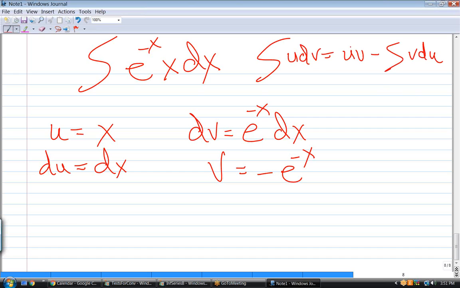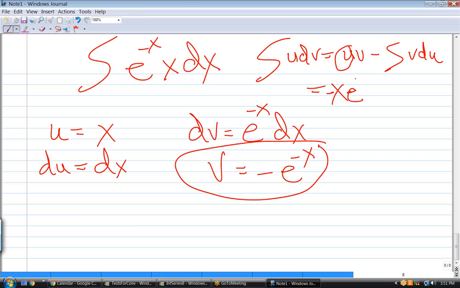So I need to come up with, there's my u, which is now x. So uv would be x times v. In other words, you have to solve for all of these in order to answer this. And finally, the integral of v du, well, that's the integral of minus e to the minus x, and du is dx.